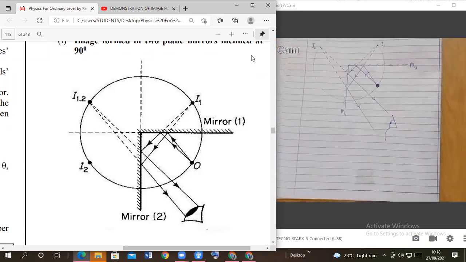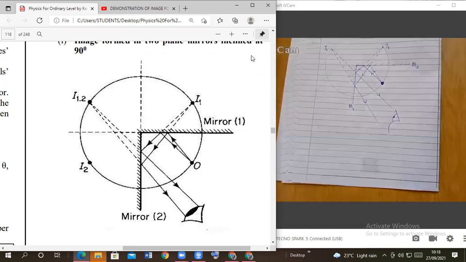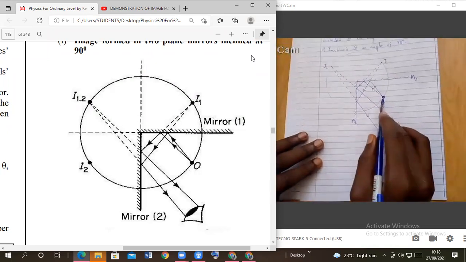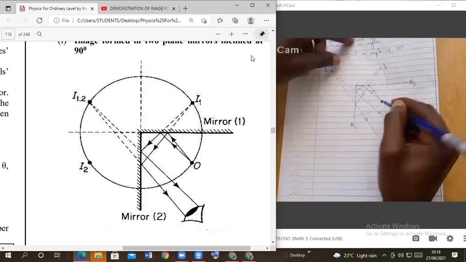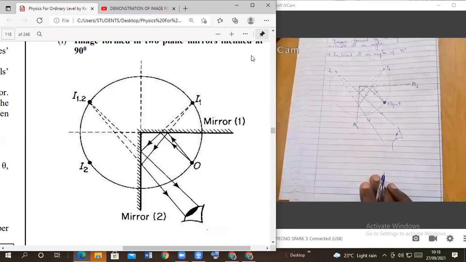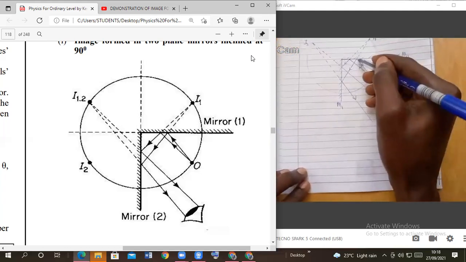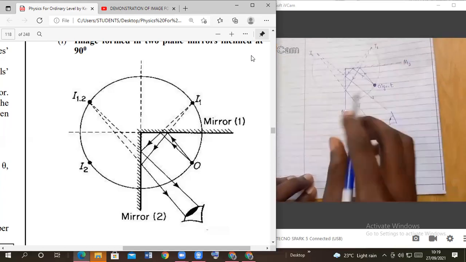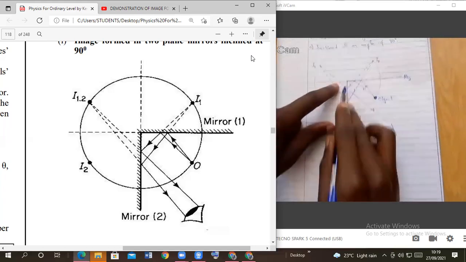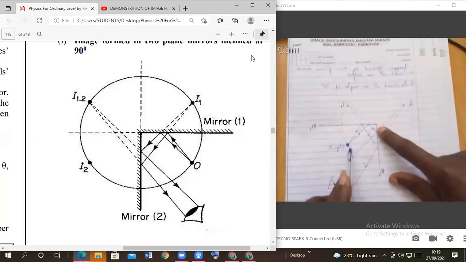Now, members. Now, this one we have drawn here. This is the object. You find that this is it for mirror 1. You see that this one is exactly in front of mirror 1.